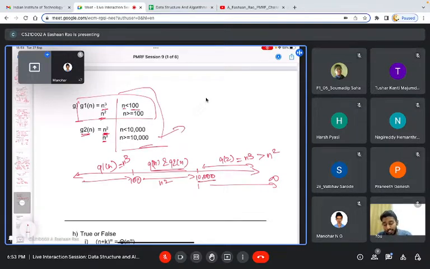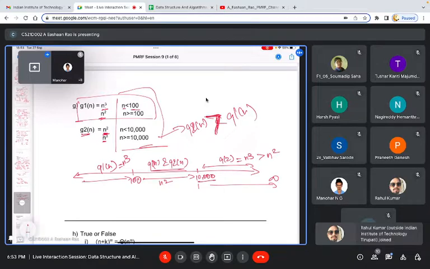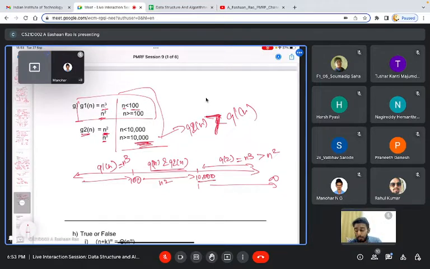With proof we can say that g2 is bigger than g1n, because after 10,000, whatever you write, n cube will give a higher value than the n square of the g1 function. Okay, so this is about functions which have multiple constraints.